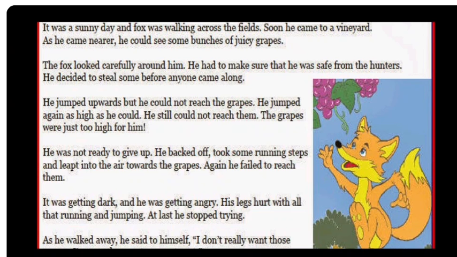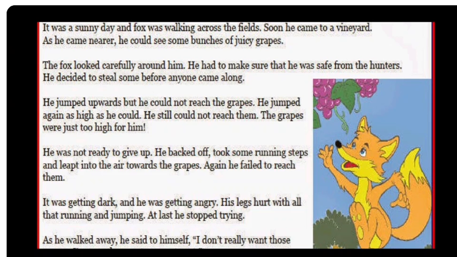So he had to ensure that he was free from the hunters. Next line, he decided to steal some before anyone came along. When he became sure about his safety, he decided that he would steal some grapes before anyone came.